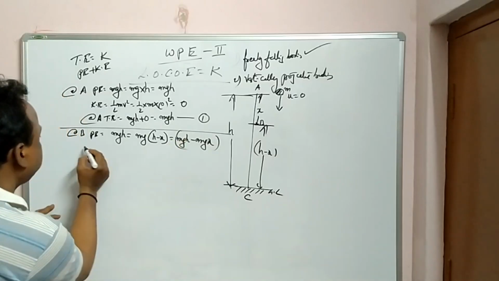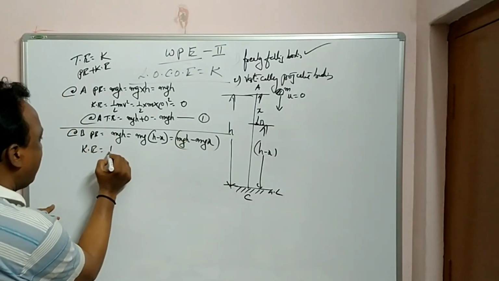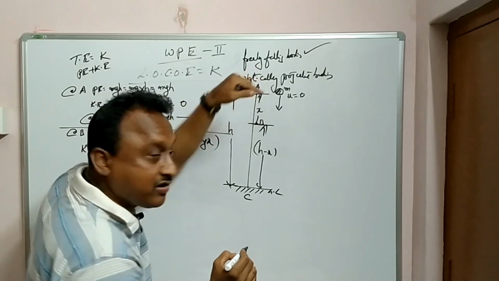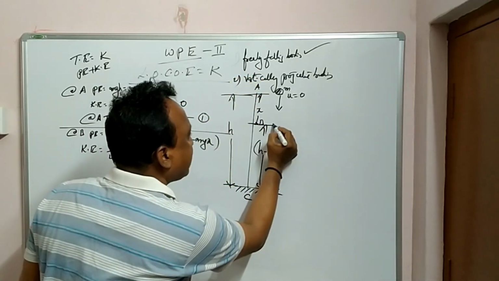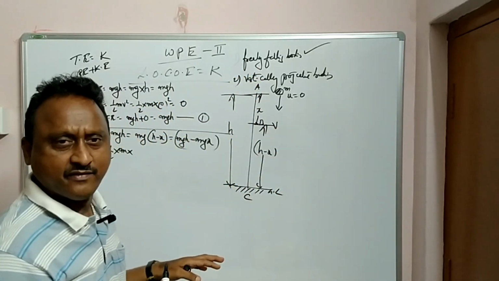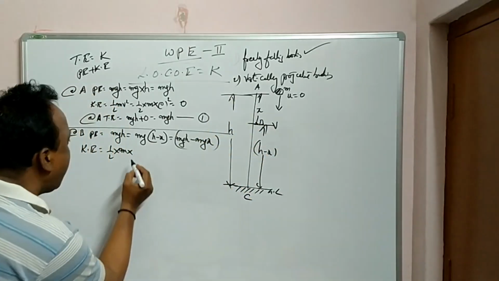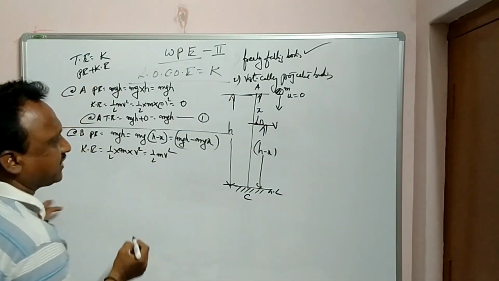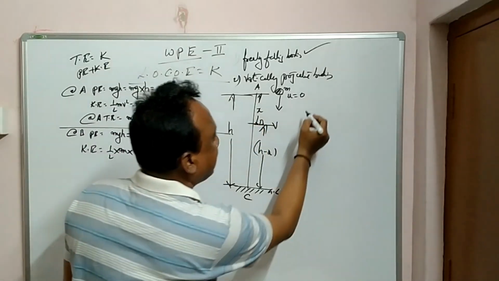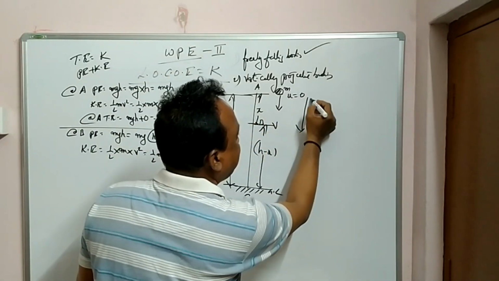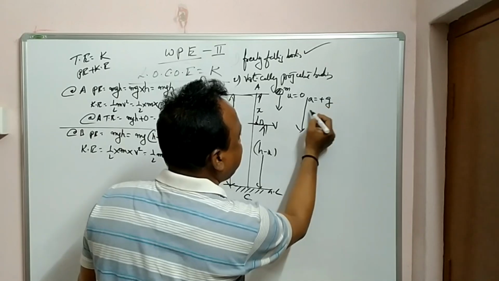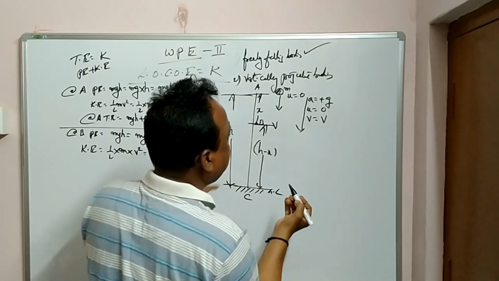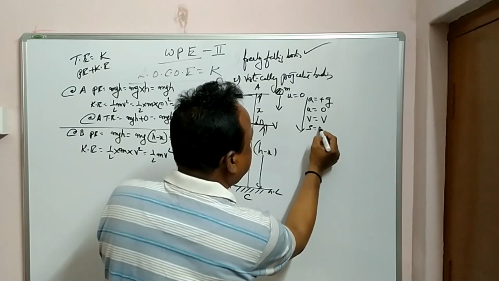Now what is KE? Kinetic energy is half mv square. When the body is falling freely, the velocity gradually increases. So let the velocity be v at B. So half m v square. But what is this velocity here? See, when the body is falling freely, a is equal to plus g, u is 0, v is equal to v, and displacement s is equal to x.